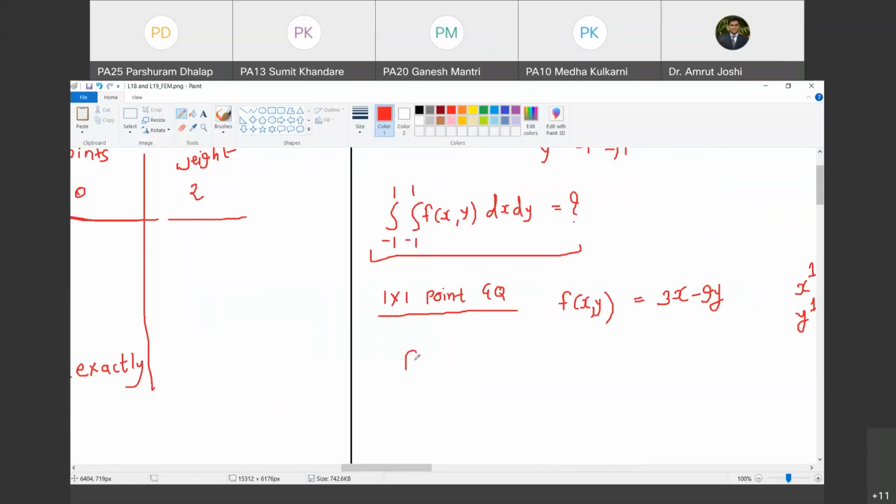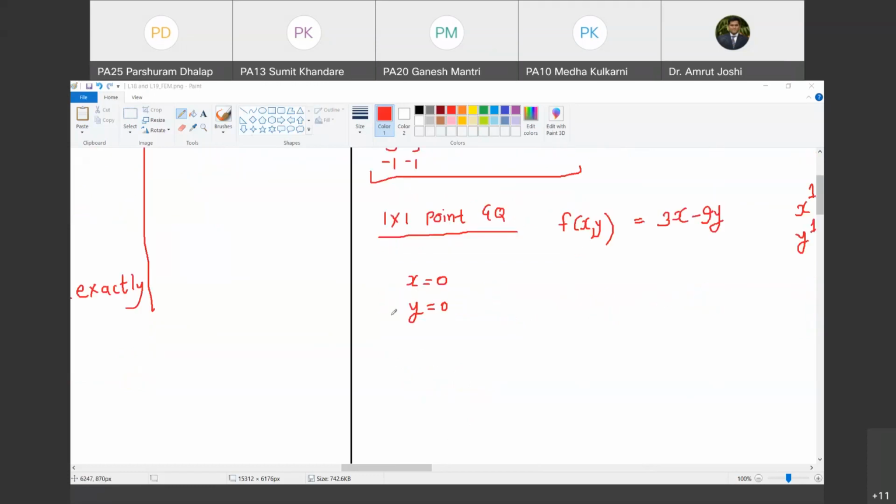One point is x equal to 0 and the second point is y equal to 0. If it were 1 point Gauss quadrature in x, we would have used x equal to 0. If it were 1 point Gauss quadrature in y, we would have used y equal to 0. Then what is the weight corresponding to this one?